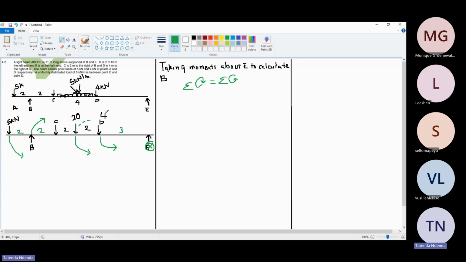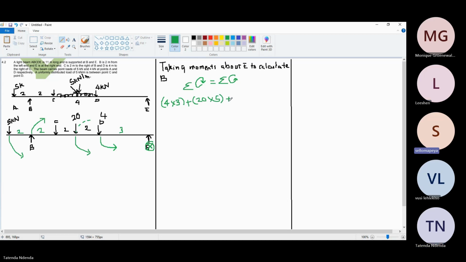So the first clockwise moment, Mr. Stella, is like we have to check at this 4 here. So the 4 is moving like this, so it's going to be 4 multiplied by 3. Then we are going to add again, 20 multiplying 5.